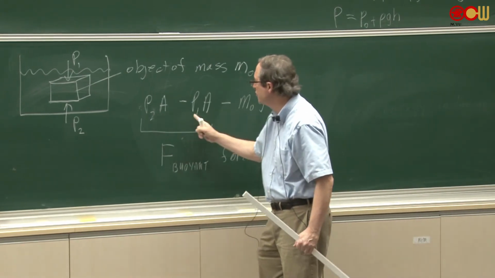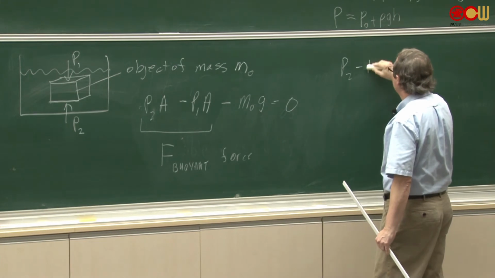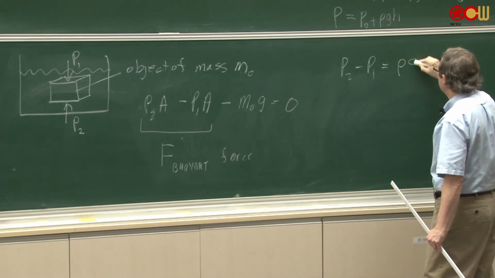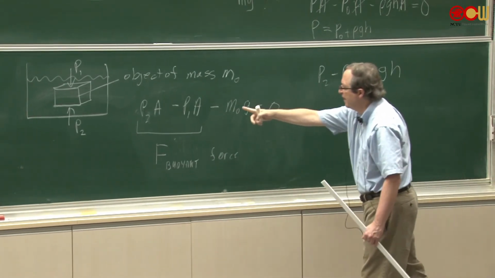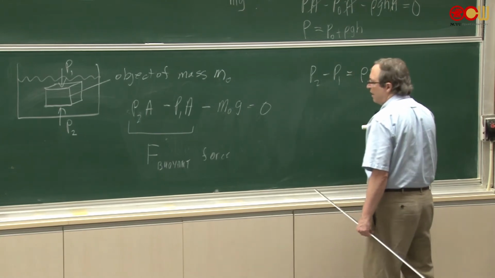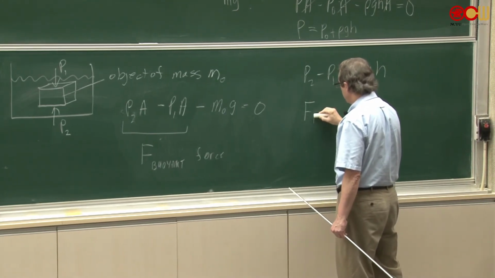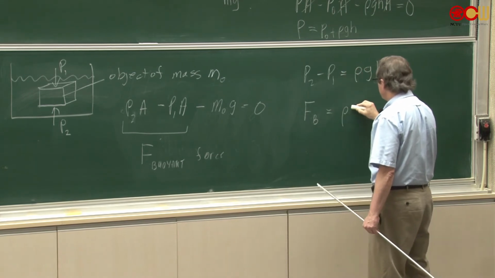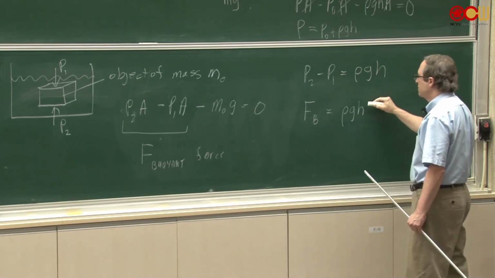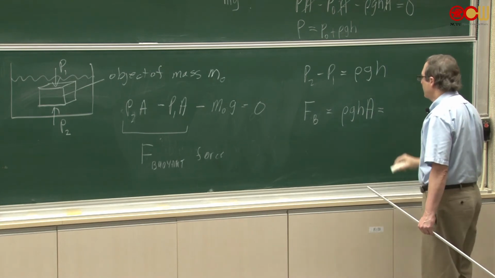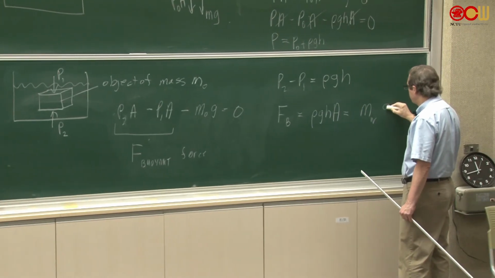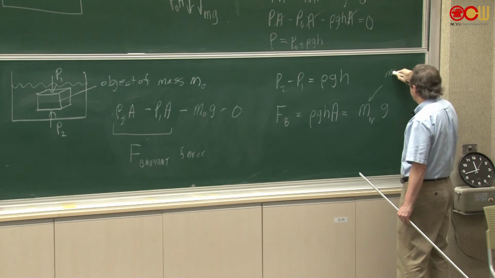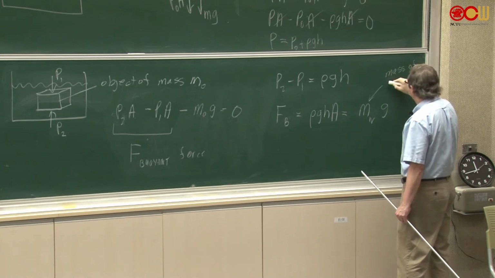We know that the pressure difference, P2 minus P1, equals rho g H. So if I stick that in here, I get that the buoyant force is rho g H times A. And that's usually written as the mass of the water displaced times g. So that's the mass of fluid displaced.